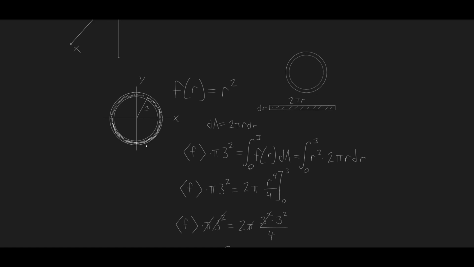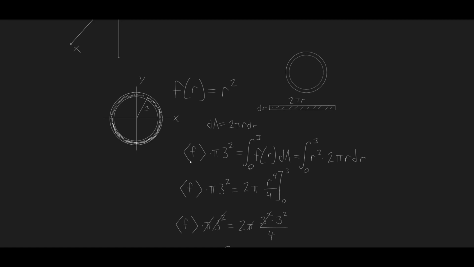We're going to take a slice of this circle with a very small change, or dr, and we want to find the area of this small piece. The circumference, or the length, will be 2 pi r, and this side will be dr. So our small piece of area, dA, is 2 pi r dr.